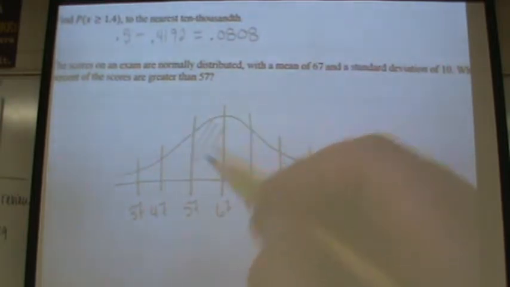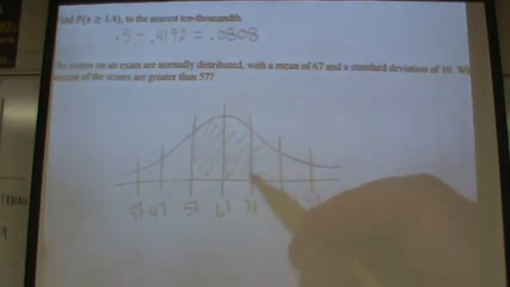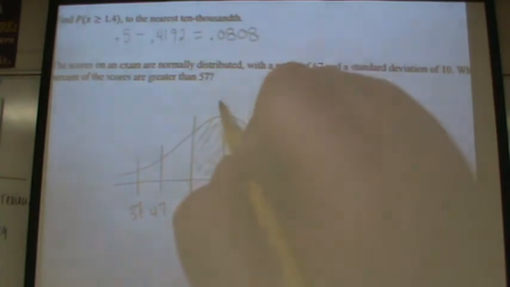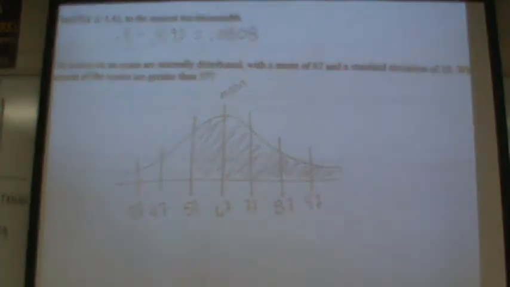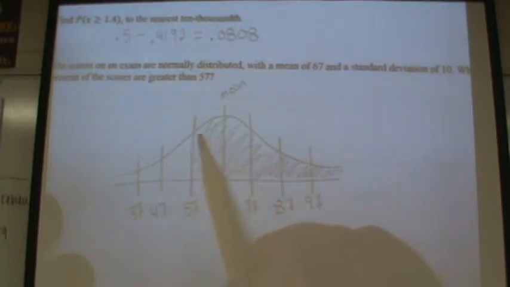So we're looking for the total area this way. So we're looking for that whole area. Remember that this is the mean. So from the mean to the right is 50% of our information, and we want to add this additional section.